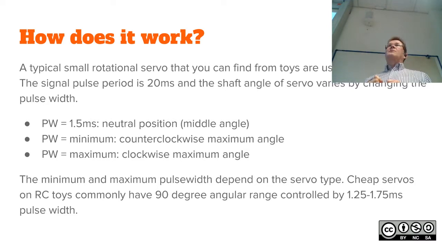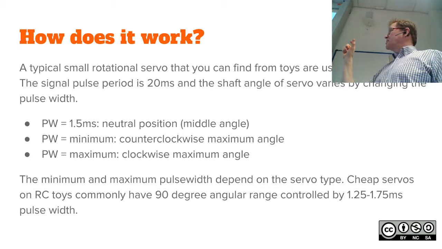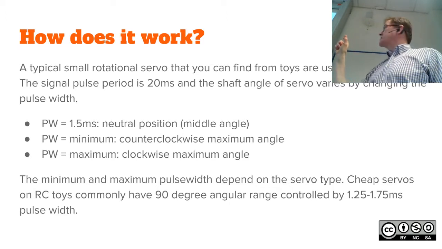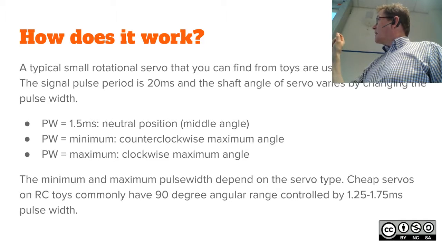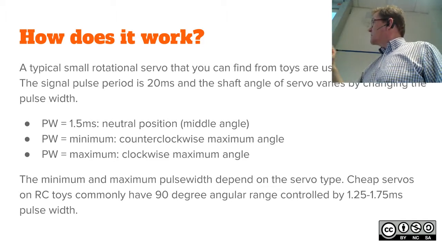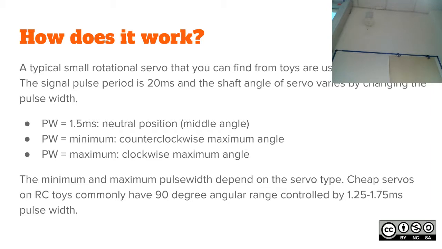So the so-called standard servo does not exist. All of those are a little bit different, but usually the mid angle is when the pulse width is 1.5 milliseconds. In cheap toys you get the minimum angle at 1.25 milliseconds and the maximum angle at 1.75 milliseconds.